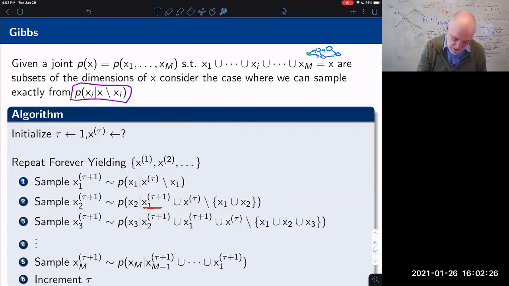You get a new value for x2, and then you just repeat this, using the values that you sample as you go along and cycling through all the conditional probabilities, sampling a new value for each variable in turn from its respective conditional.